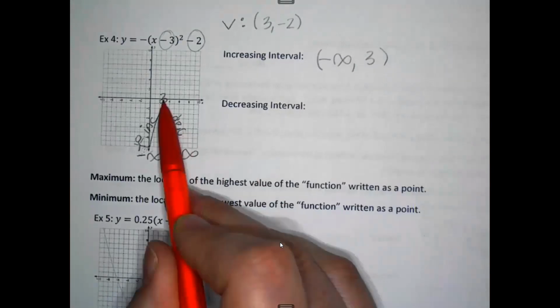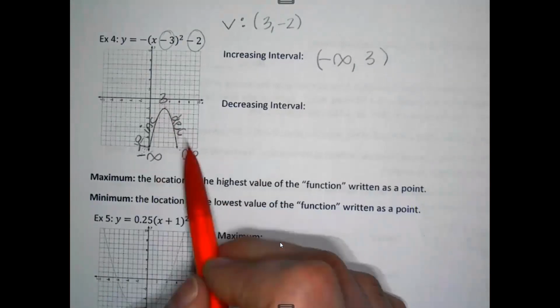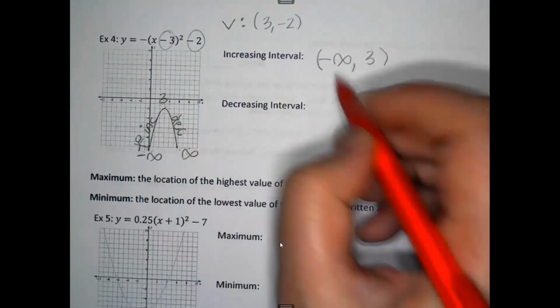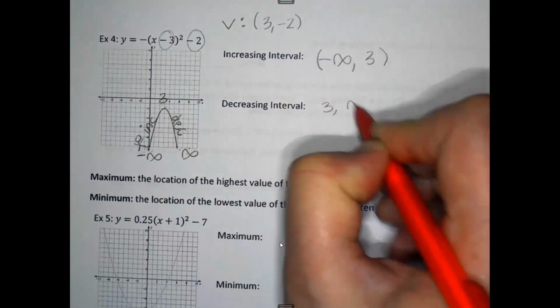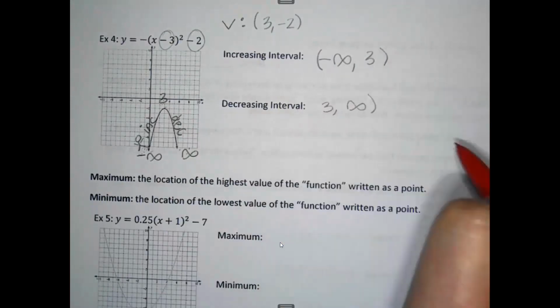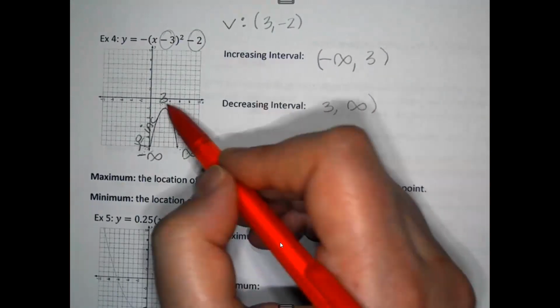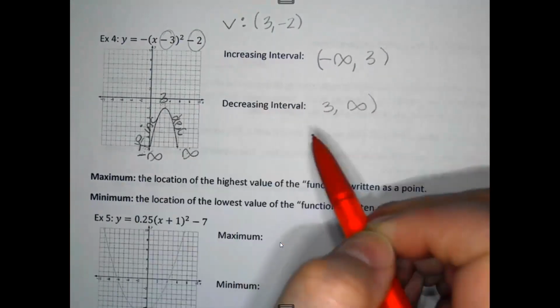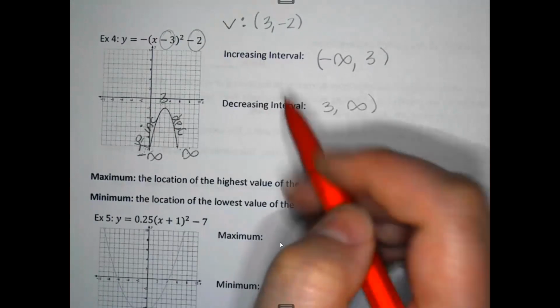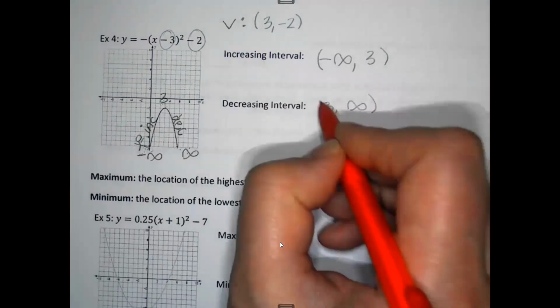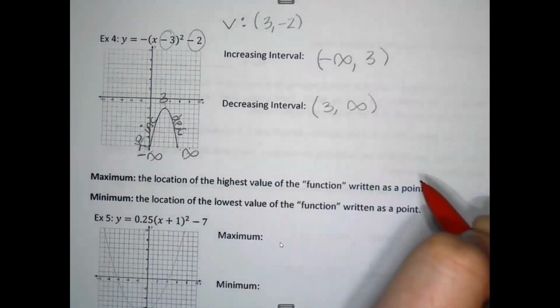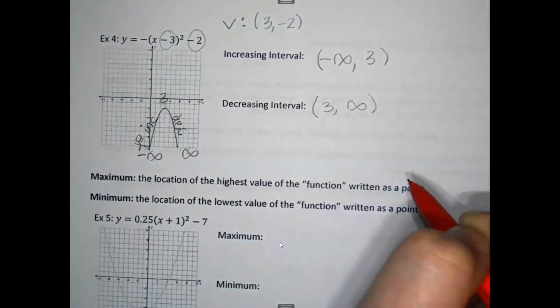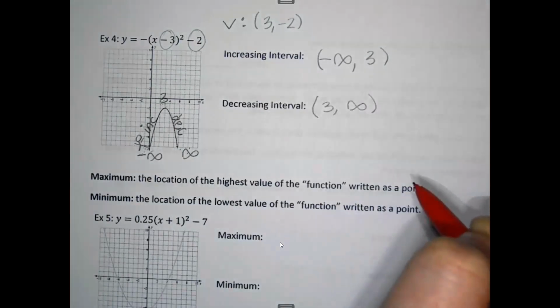Decreasing interval is in between what numbers? 3 and infinity. Infinity always gets a parenthesis. When he is standing at the very top, is he going downhill? Nope. He's in between.